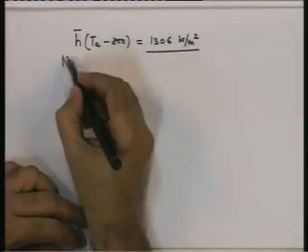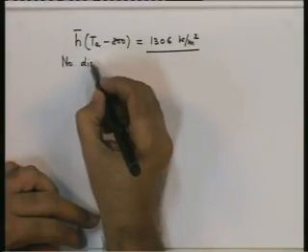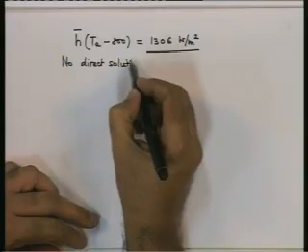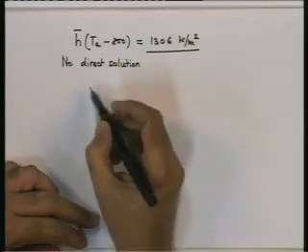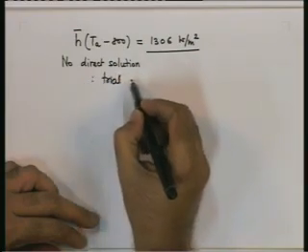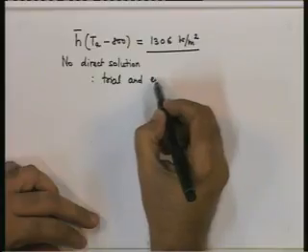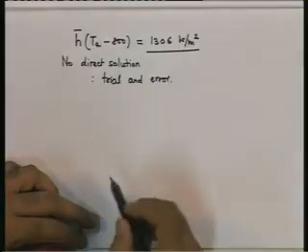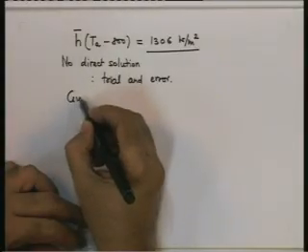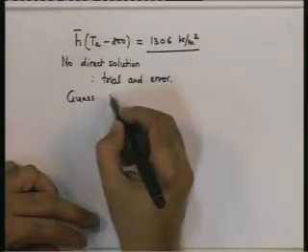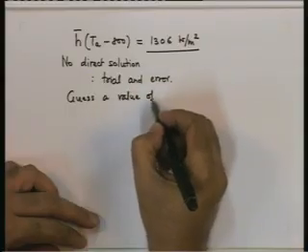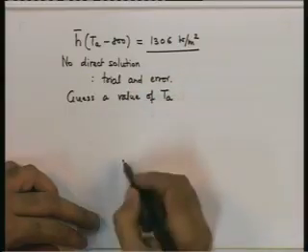So, since there is no direct solution, we will use a process of trial and error. So, what we will do is we will guess a value of TA.